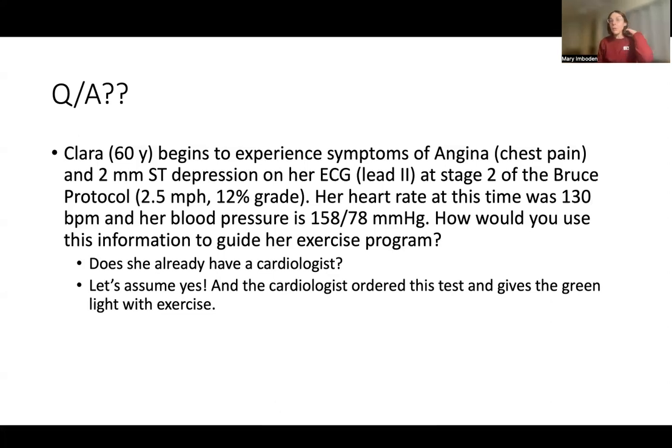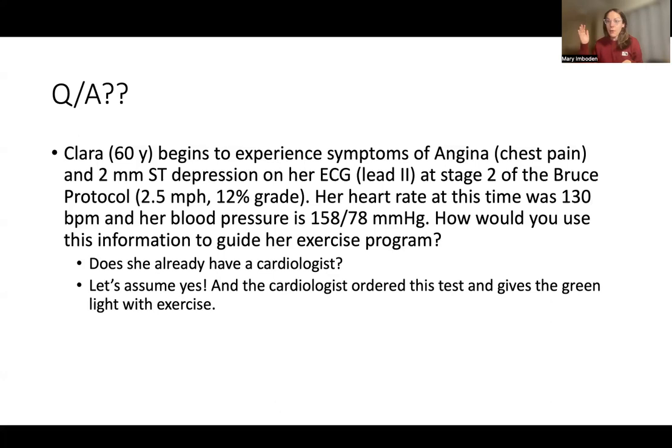And so, even if you're just doing range of motion exercises and your rehab exercises aren't necessarily things that are getting their heart rate and blood pressure up a lot, you probably still are having them warm up and doing those things, right? So you got to be careful there as well. And this 2.5 miles per hour, 12% grade, it's not nothing, but it's not very strenuous.